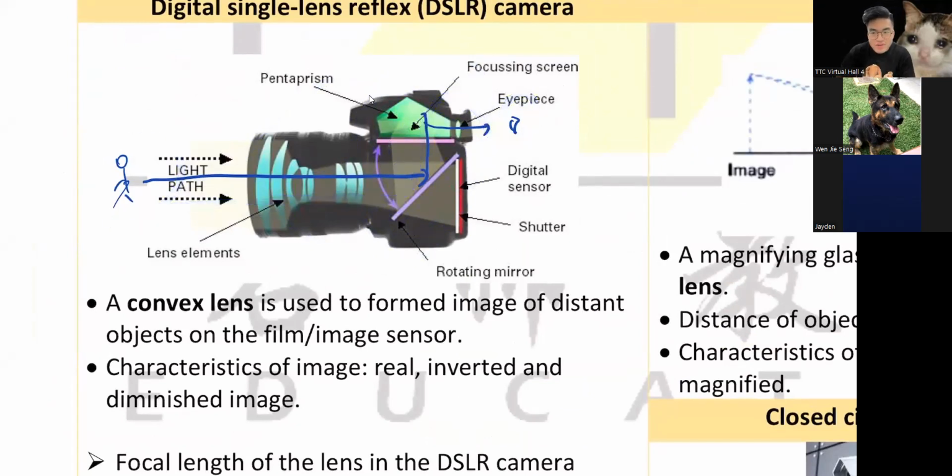If you really like what you see, you press the shutter. When you press the camera shutter, you hear a tick-tock sound. What is that sound? The sound is actually this mirror moving. The mirror goes up, can you see this arrow here? That's the tick sound.